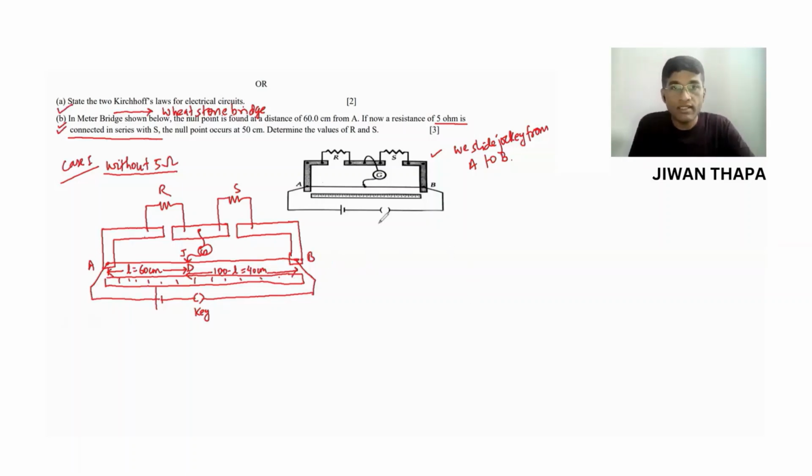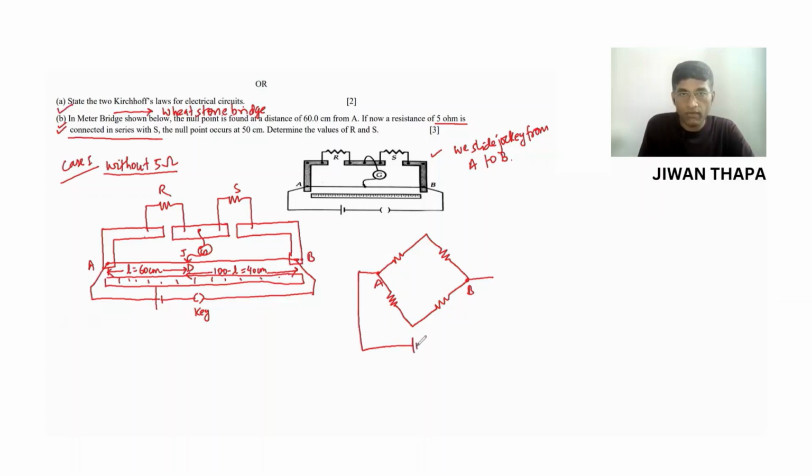Now let us design the Wheatstone bridge for this given circuit, okay. So I'm drawing over here. This is A. This is B. We have the key. So I'm not taking the key, okay.